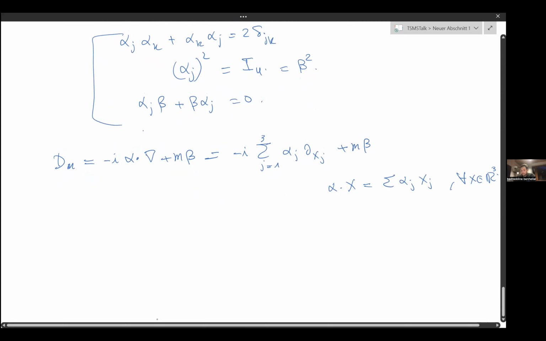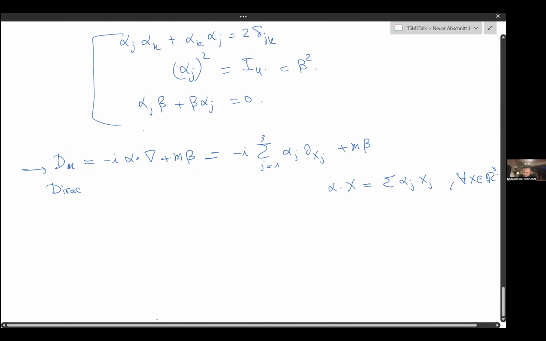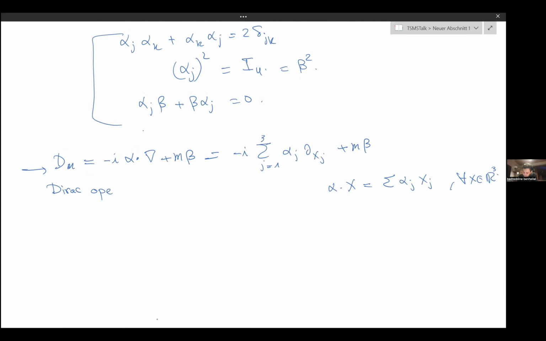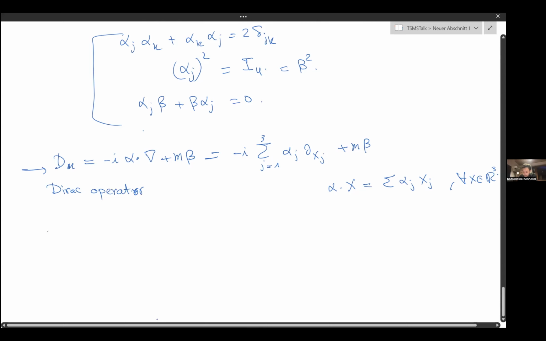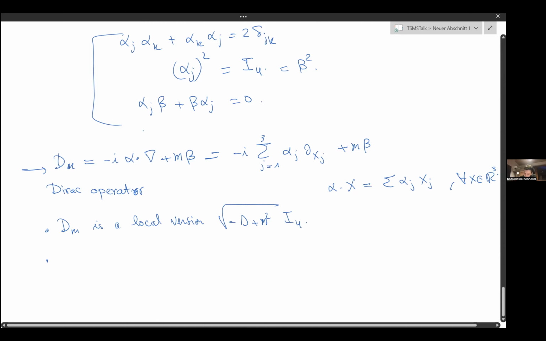All right, so we have what we call a Dirac operator. And as I said, the good thing is that D_m is a local version of this square root of minus Laplacian plus m squared.